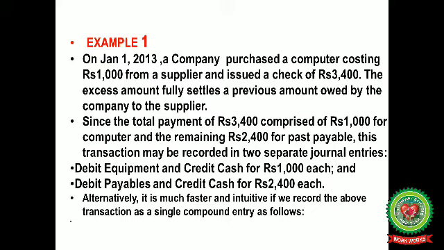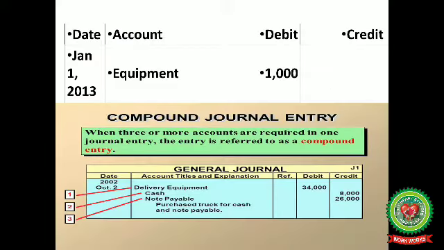Alternatively, it is much faster and more intuitive if we record the above transaction as a single compound entry. So your compound entry will be: debit equipment account, debit payables account, to cash account. That is, equipment account debited 1000, payables account debited 2400, to cash account 3400.